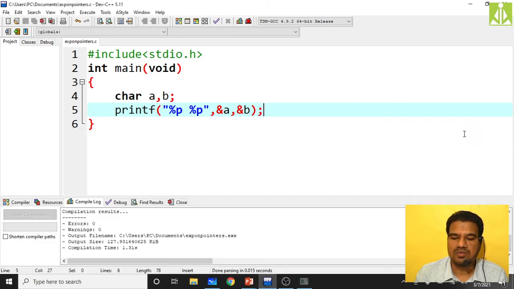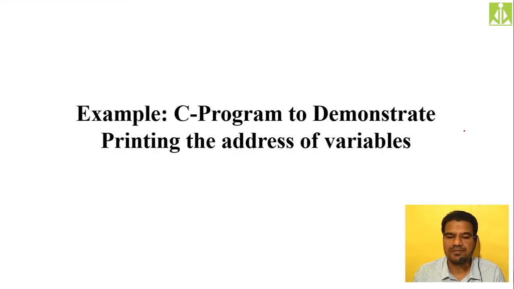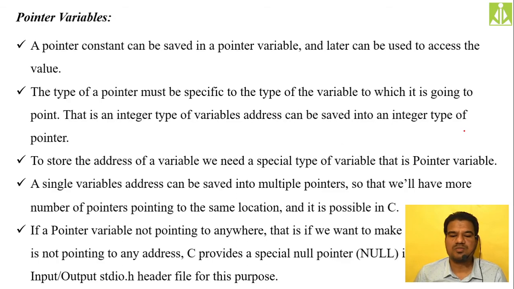Okay, so now go to your PPT again. So already I have demonstrated how we can create the variable and how we can print the address of that variable. Hopefully that concept is clear for you. So next is pointer variable. Not only creating the variable and accessing its address, we can also have pointer variables in our program.